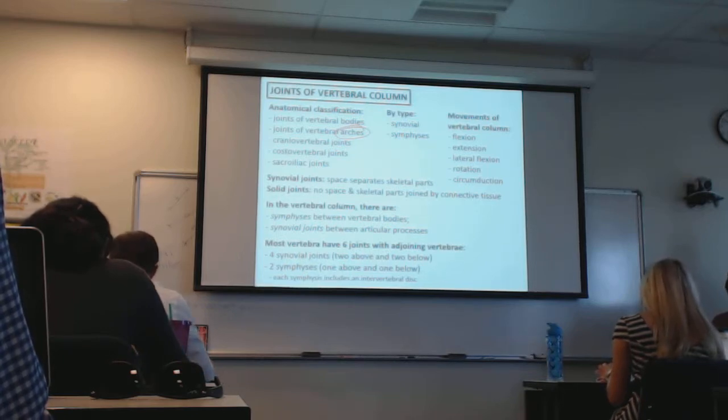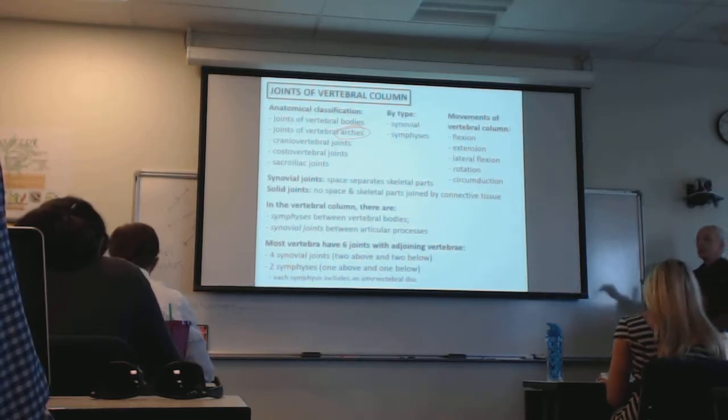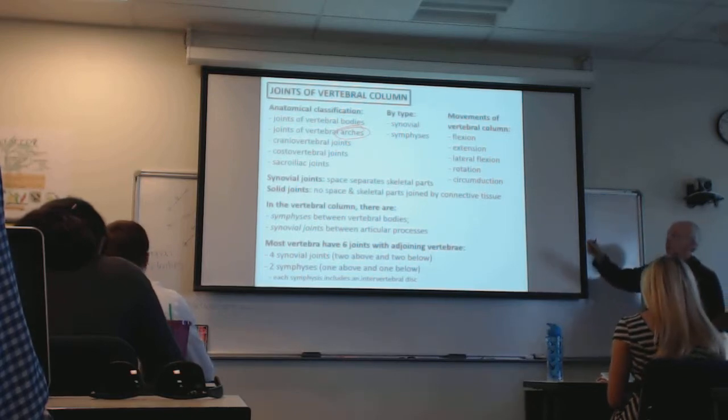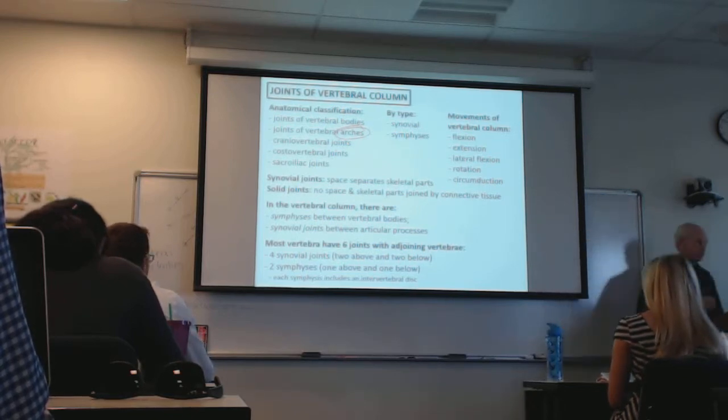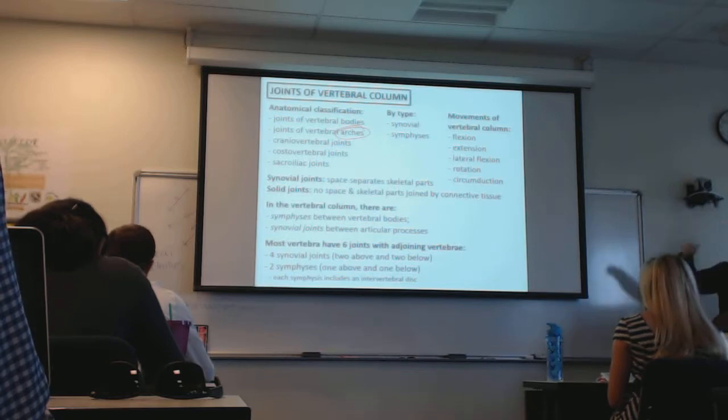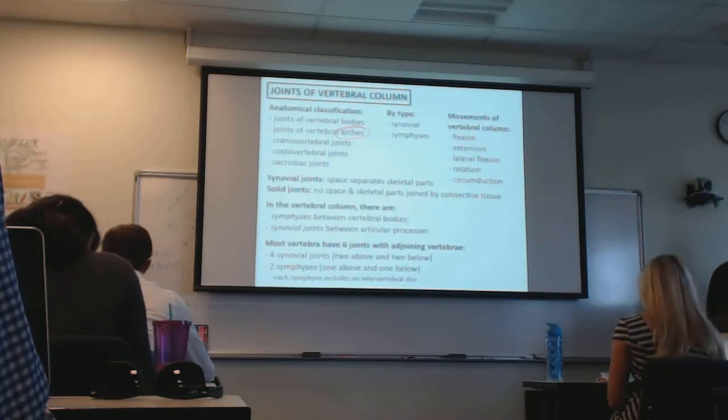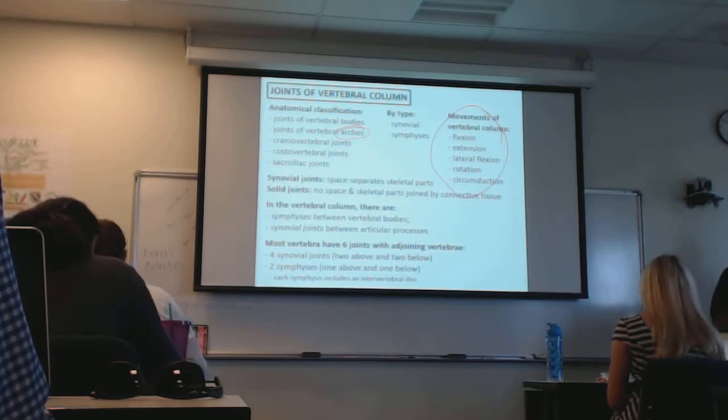Most of these joints are synovial, but remember those IV joints. The joints between the IV disc and the vertebra, we classify those as symphyses. And we'll talk more about that again. That's very important, understanding the nature of pain that we talked about, the source of pain in the back. And then be able to define, of course, all of these movements with respect to the back.